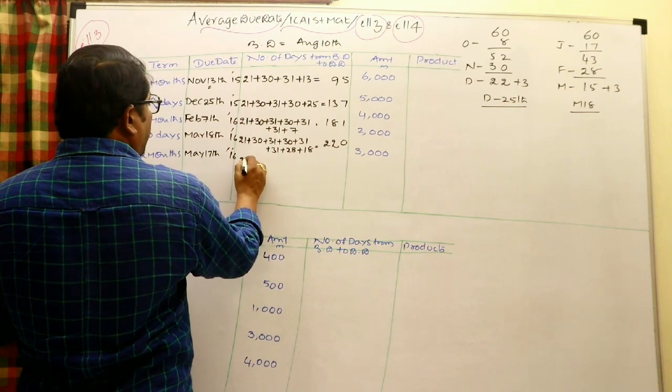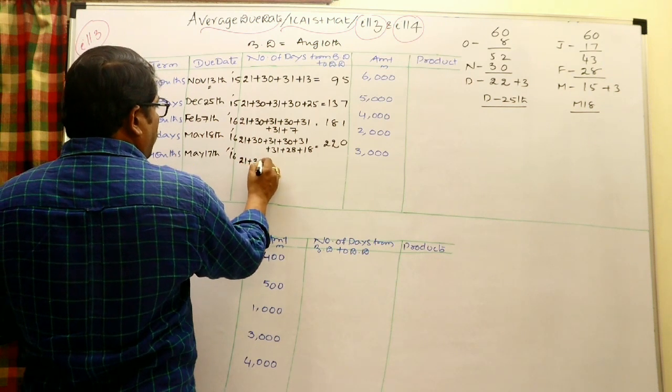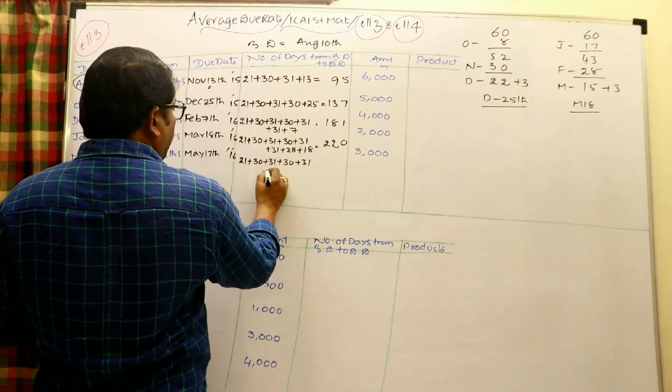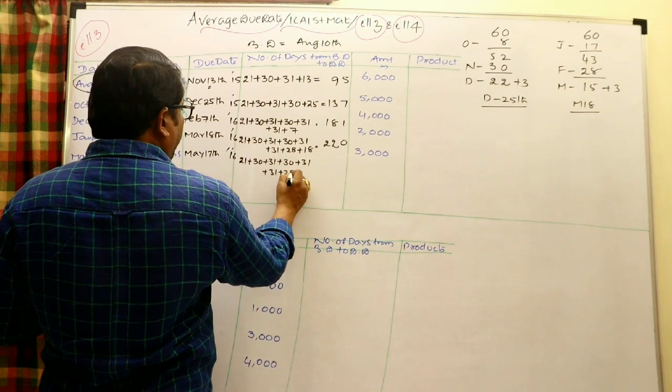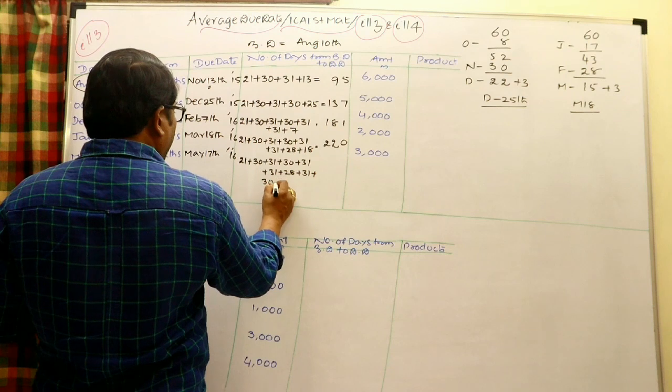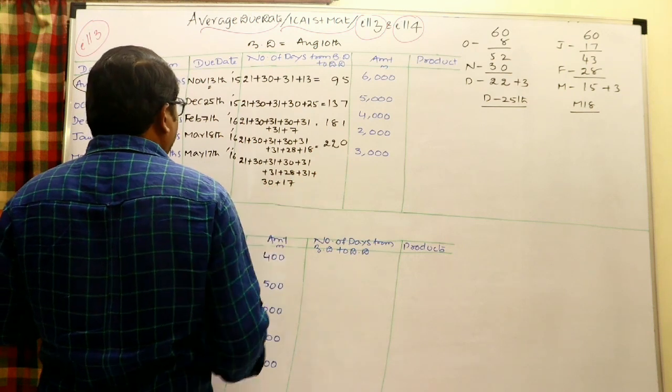Okay, and next August 10th to May 17th. So August 21 days, September, October, November, December, January, February, March, April, May 17th.